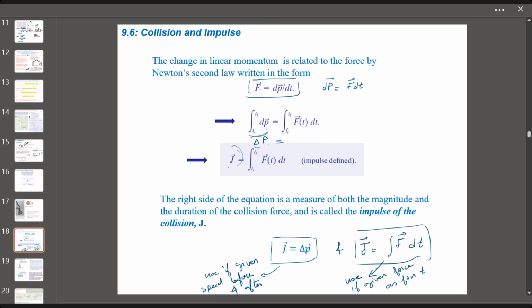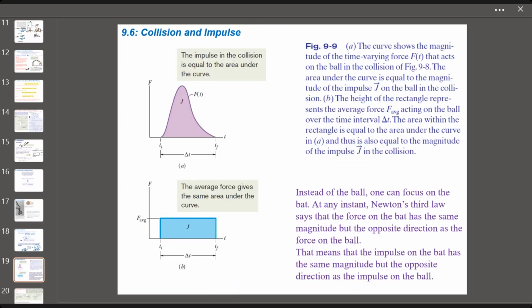And then I will integrate to deduce the impulse J. So this is our first quantity which we are going to be using to study collisions. We will find the impulse, or the change in the momentum, before and after a collision.